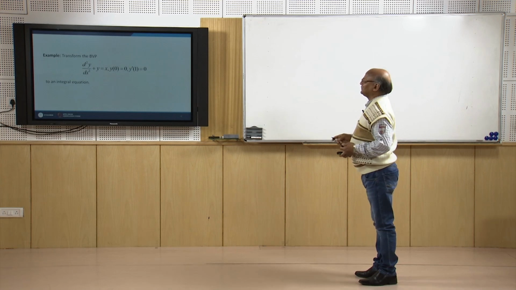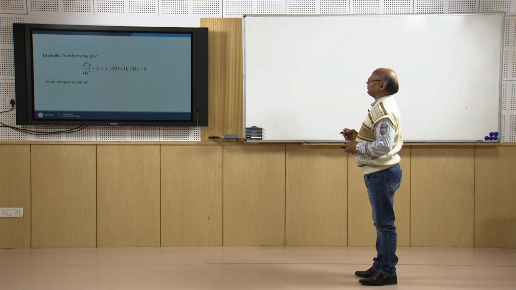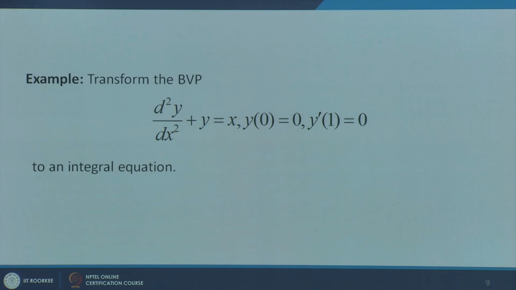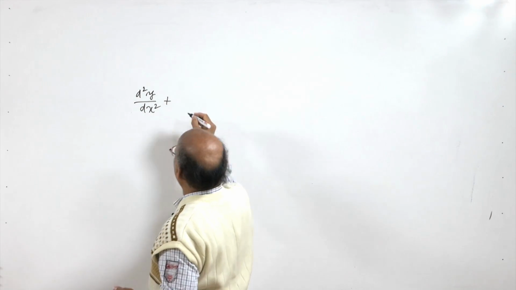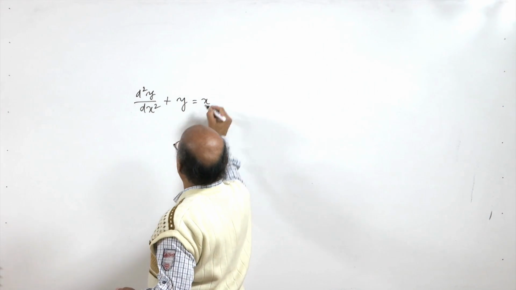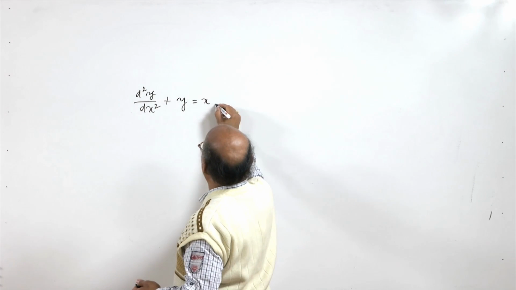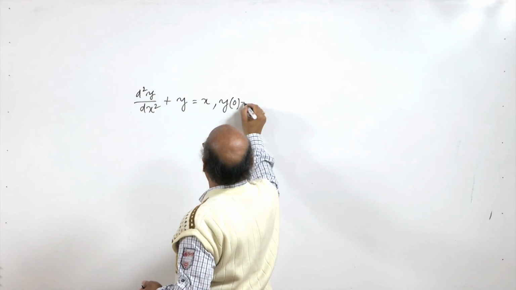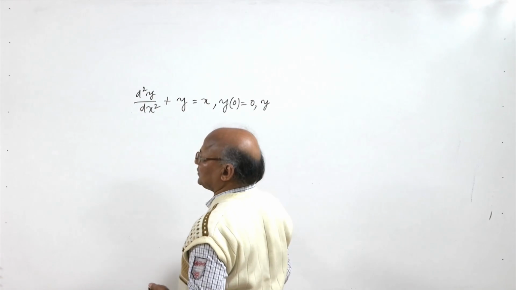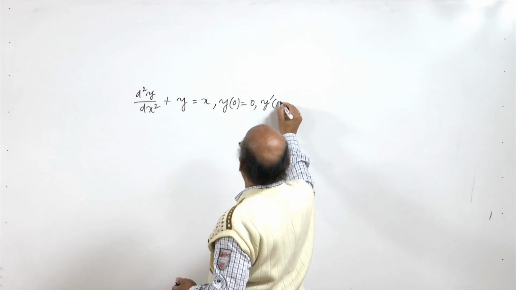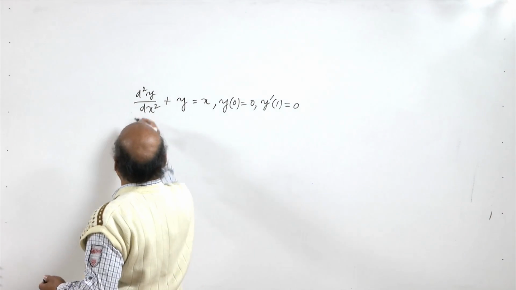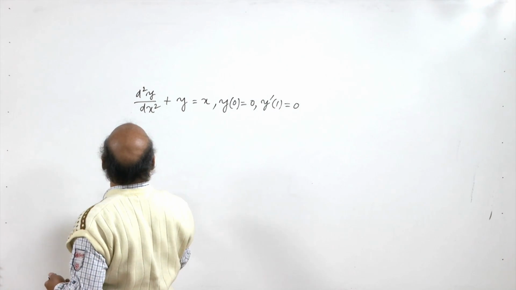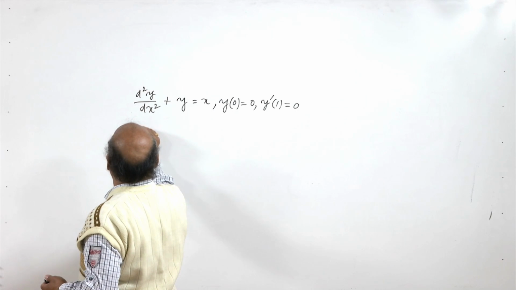So let us convert this boundary value problem into an integral equation. We have d²y/dx² + y = x, where y(0) is 0 and y'(1) is equal to 0. So we integrate it with respect to x from 0 to x.